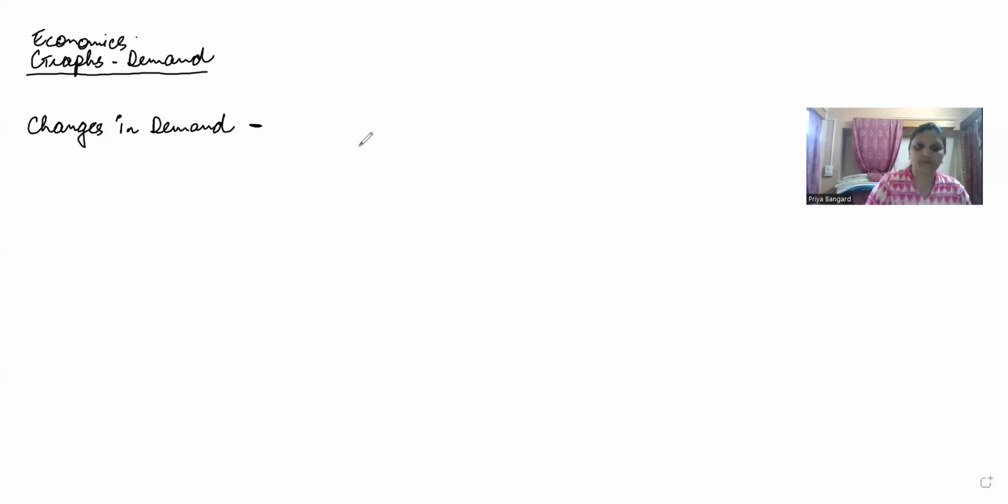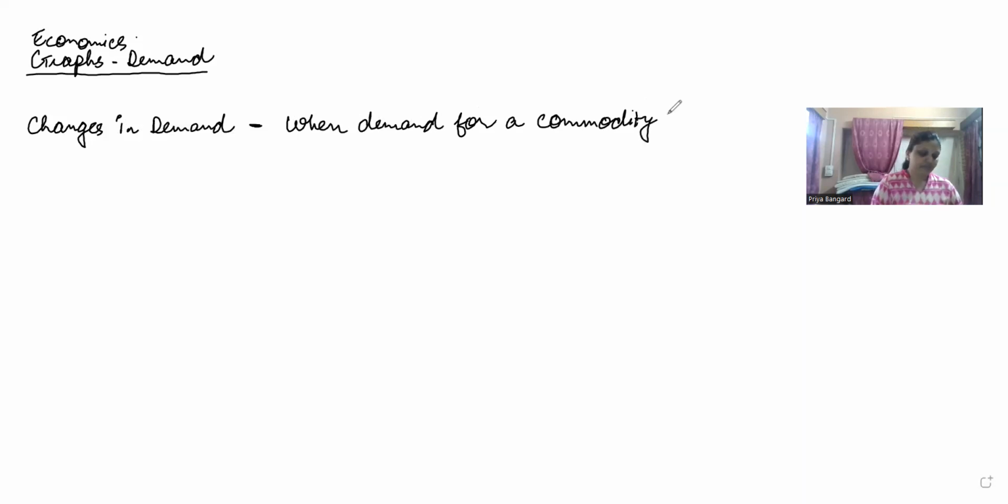When demand for a commodity, write down, when demand for a commodity increases or decreases. यहाँ rise fall word use नहीं किया है, increase or decrease word use किया है.